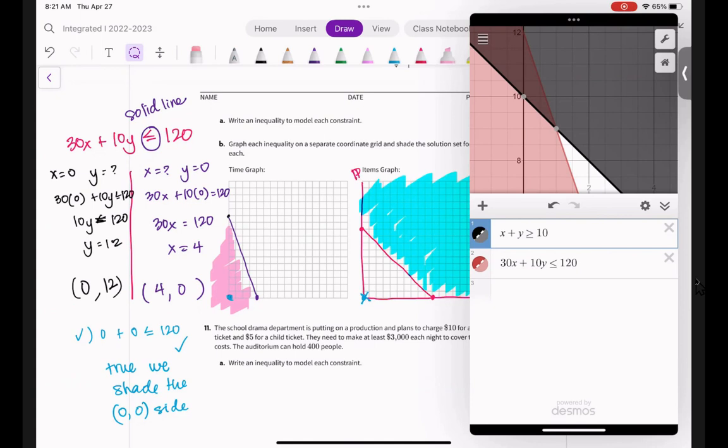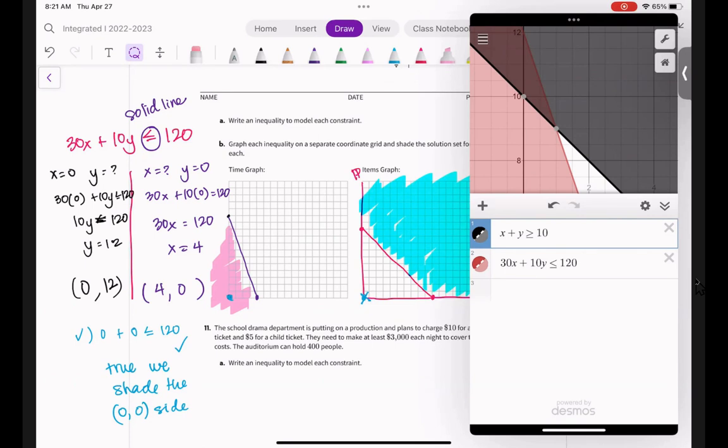Those are your solutions. Everything else doesn't fit both constraints. Got it? Yeah. You're really glitchy. Can you type your question in the chat, please?